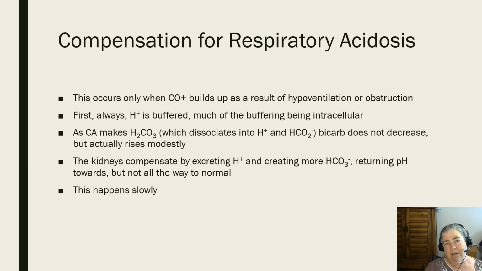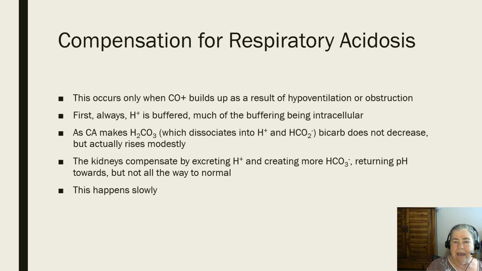If there is time, some of it is intracellular. You remember that if the hydrogen ions move into the cell, the potassium ions move out of the cell. As there are higher CO2 levels, we're going to make more bicarb because of carbonic anhydrase making the carbonic acid dissociating into hydrogen ions and bicarb. So bicarb actually goes up, even though this is an acidosis.